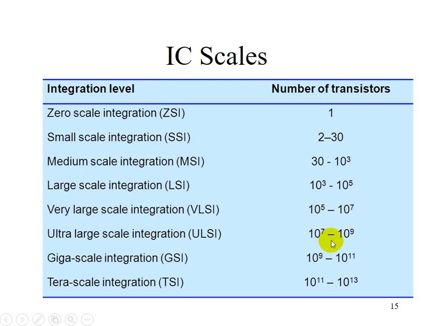Right now, for a sophisticated chip, you can have more than 10 to the 11 transistors inside a chip.